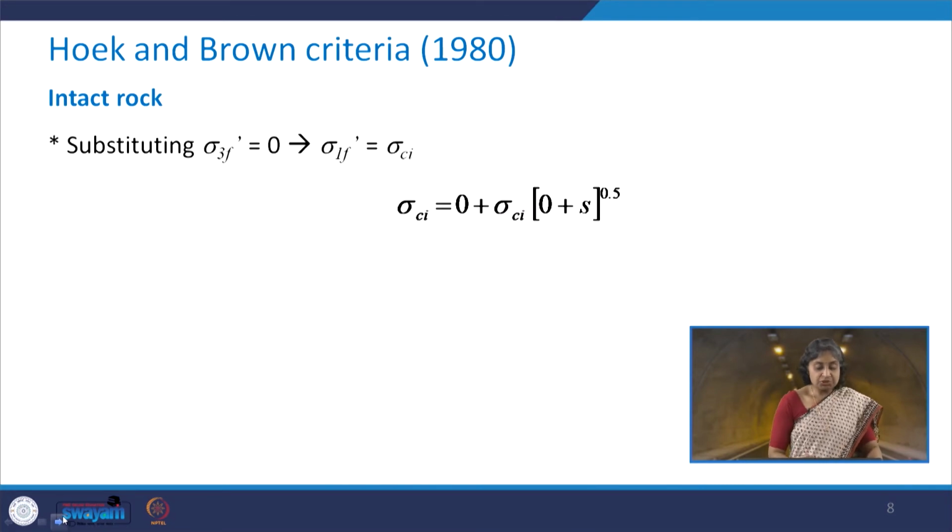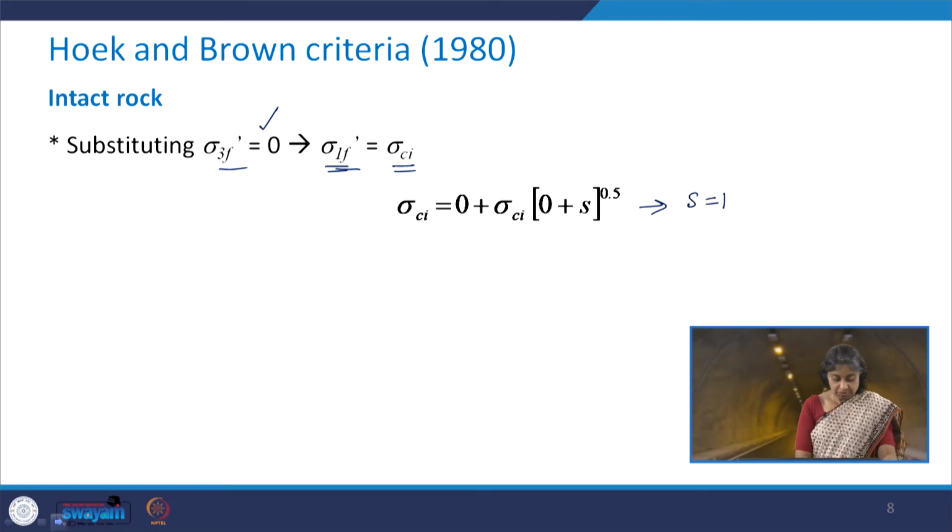Now, with reference to intact rock, you have seen the expression. If you just substitute confining pressure sigma 3f to be equal to 0, what will happen to sigma 1f prime? It will become equal to sigma ci. Just substitute these two values in the expression, and what you will get from here is that this parameter s will work out to be equal to 1.